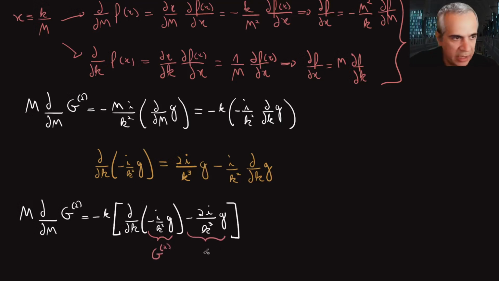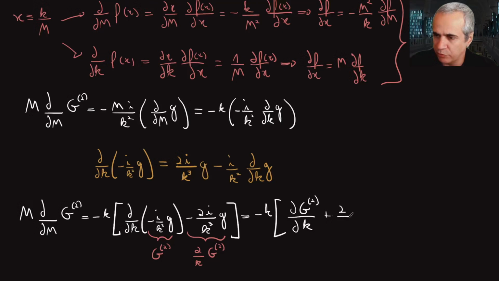And in here I have 2 over k times capital G. So in conclusion, I have minus k del G over del k plus 2 over k G2. I can do a little bit of simplification here.